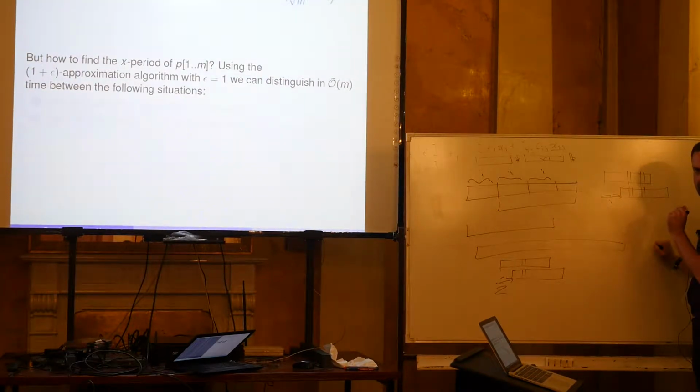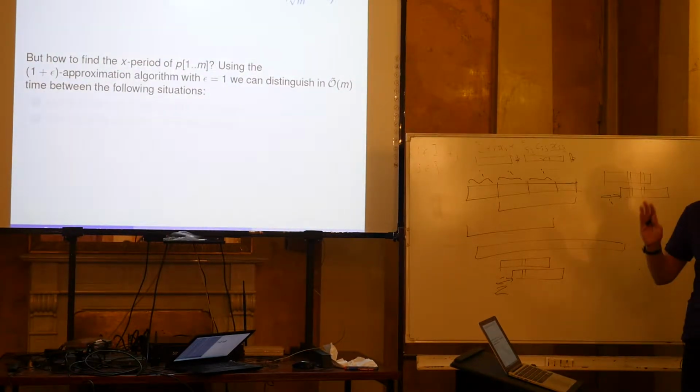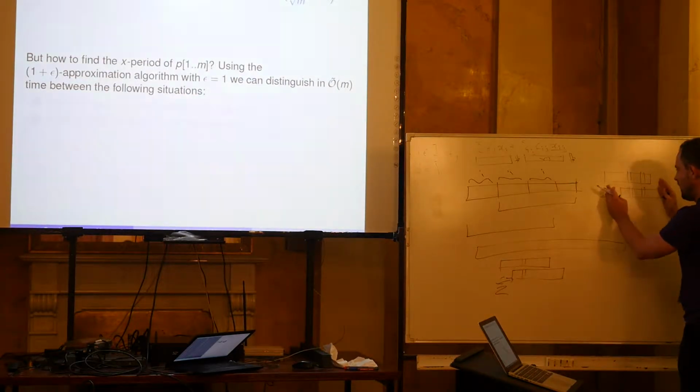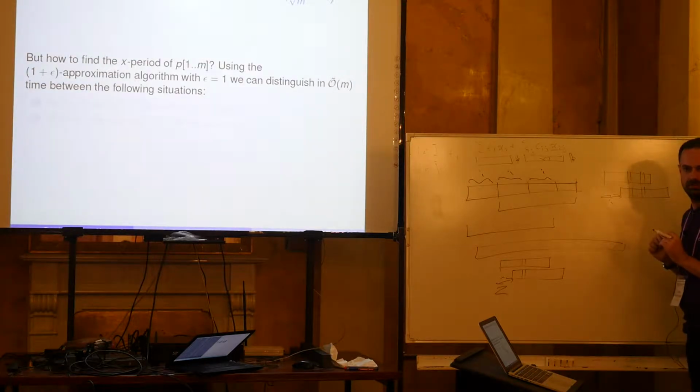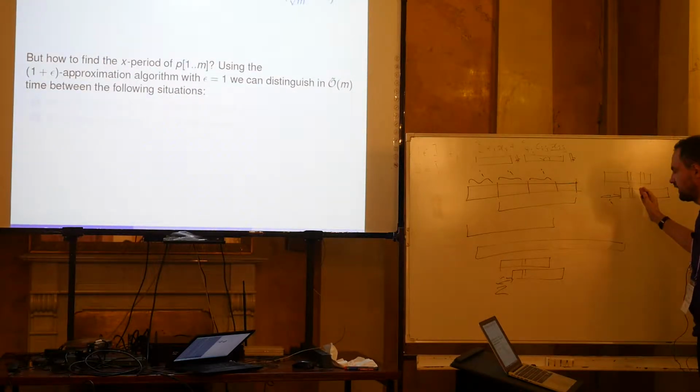We say that I is an x period if this holds, and we want to find the smallest I. So someone gives you the value of x, and your goal is to shift the pattern by as few positions as possible, so that it matches itself. So instead of counting those mismatches exactly, use the 2-approximation algorithm.